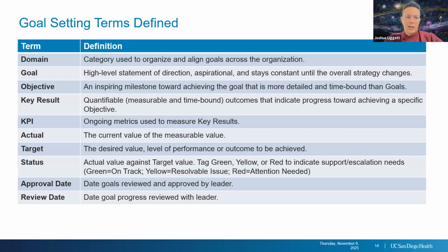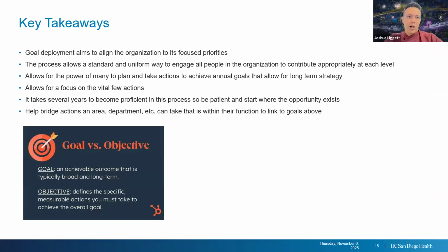And then as we're checking in with our leadership, identifying whether they're on track, whether we're close, whether we're falling pretty far behind and need to look for different supports or escalation needs, and so forth. So, some key takeaways: goal deployment really is aiming to align the organization with focused priorities.